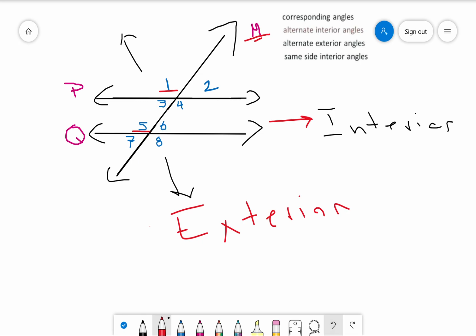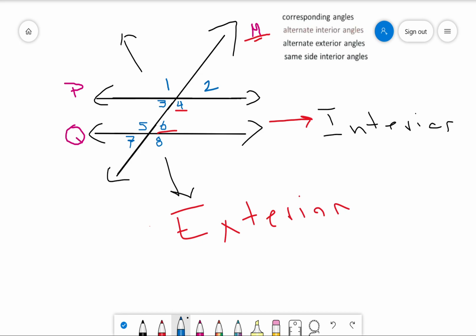Oh, and don't forget, corresponding, alternate interior and alternate exterior angles are congruent. Now, same side interior angles. For example, angles 4 and 6 are on the same side of the interior, but they're not congruent.